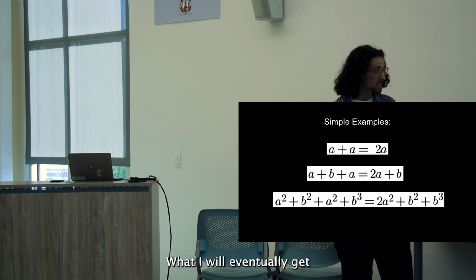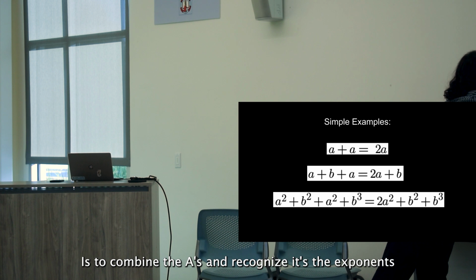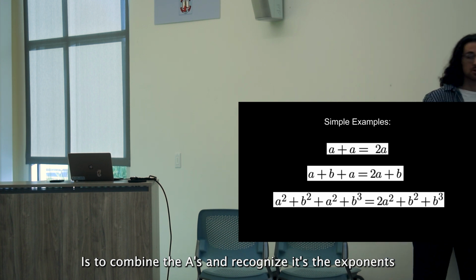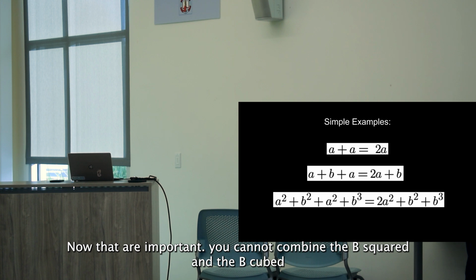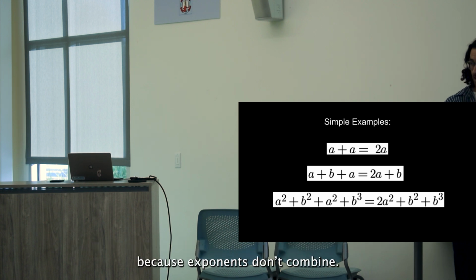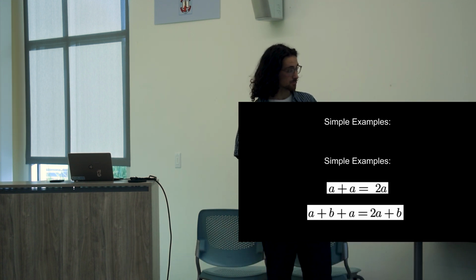What tutor number 2 is eventually going to get their student to do is combine the a's and recognize that the exponents now are important. We cannot combine the b squared and the b cubed because exponents don't combine. And so this is the result of our question: 2a squared plus b squared plus b cubed.